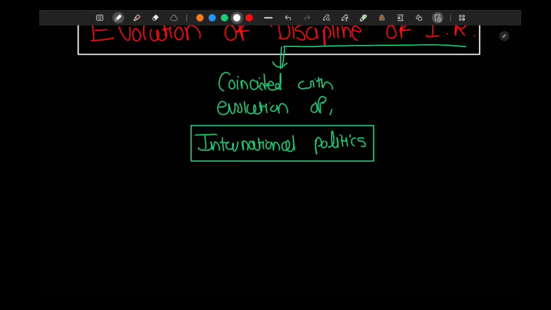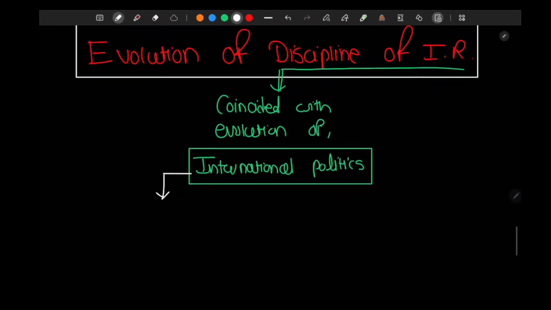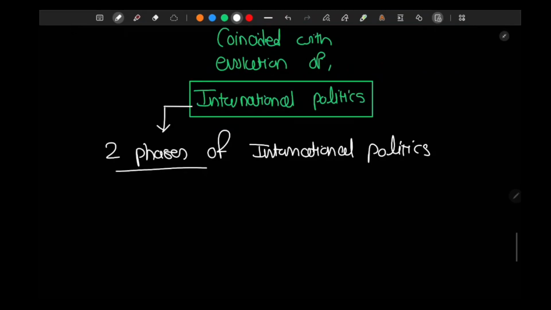Politics among nations, and international politics has been divided into two phases, right? Two phases of international politics. What are these two phases?